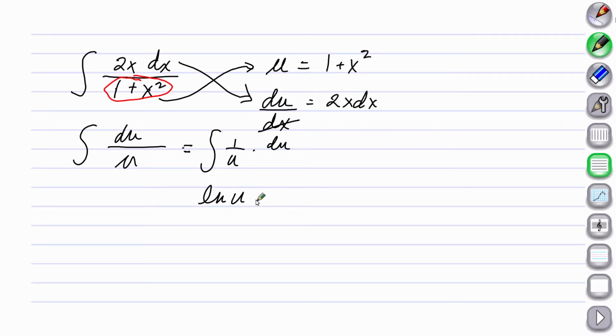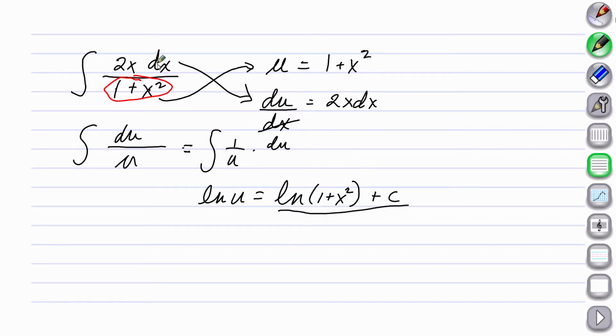Okay. And then I can rewrite it in a little fancier form as the natural log of (1 plus x squared) plus c. You don't have to have the parentheses, but sometimes it looks a little bit better. And that's my answer right there.